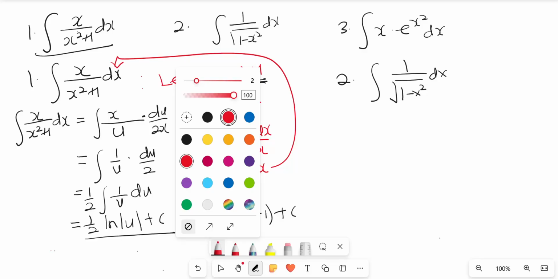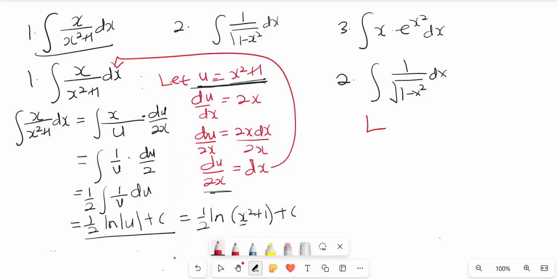So we can let x be equal to sine of theta. So it means wherever we see x, we are going to put in sine of theta. What about dx?